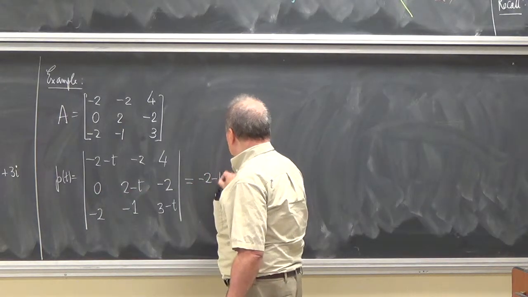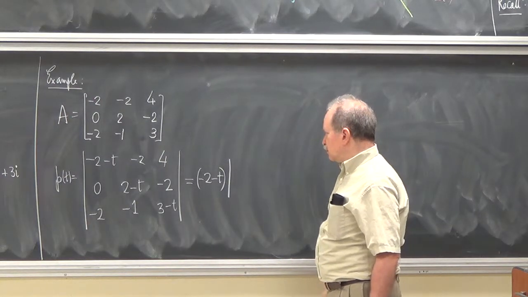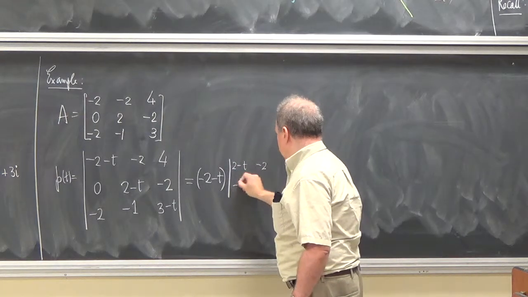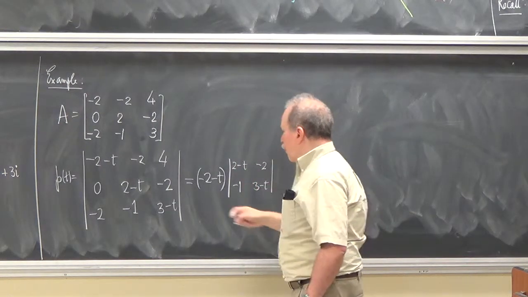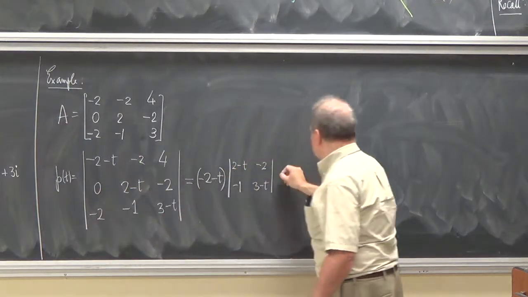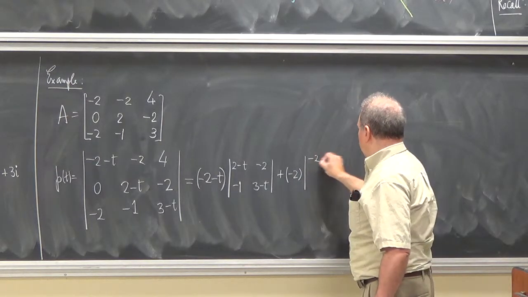So I'll get negative 2 minus t times what determinant? 2 minus t, minus 2, minus 1, minus 0 times something, plus minus 2 for 2 minus t.